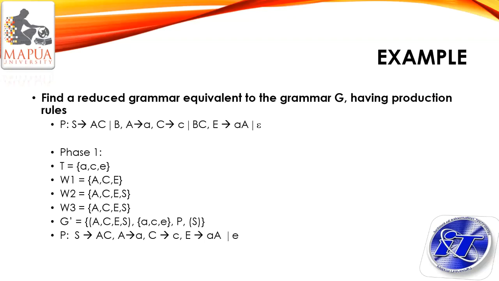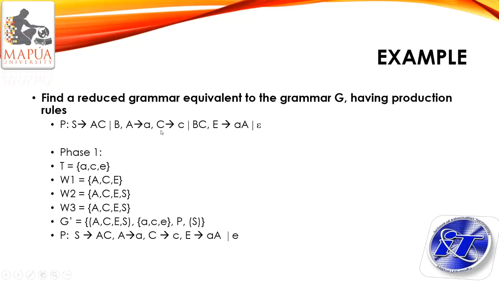Now we're going to derive our G prime. Okay, so since B is not part of W3, therefore all B should be removed. That's why in our production rule, S implies AC or B, this or B is now removed since it's not part of ACES.